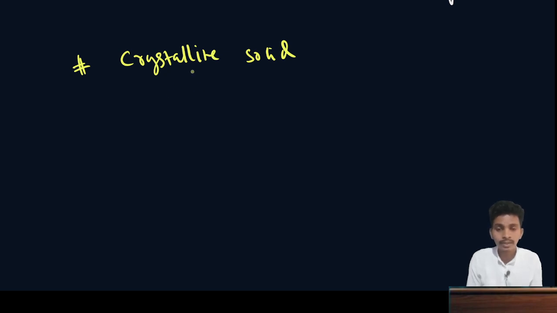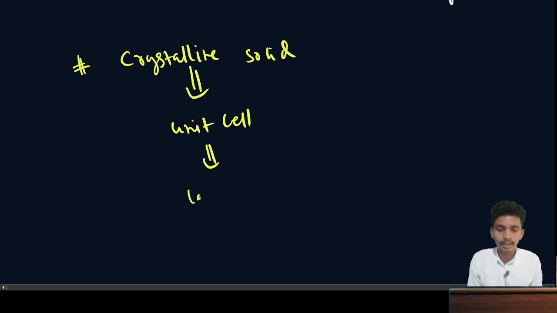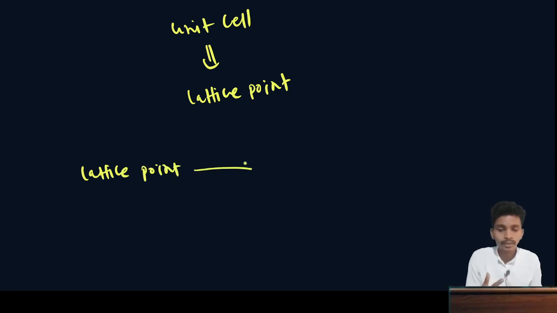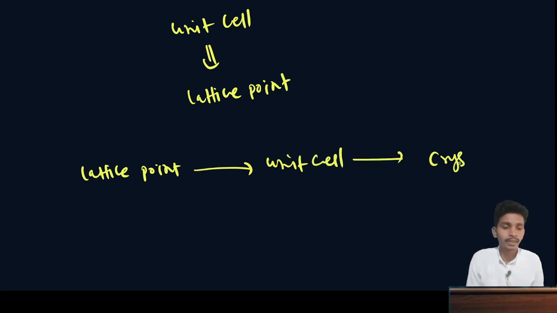Crystalline solids are made by unit cells, and a unit cell is made by lattice points. It means that first we need lattice points, and by lattice points we will make unit cells, and that unit cell will help to make the crystalline solid.